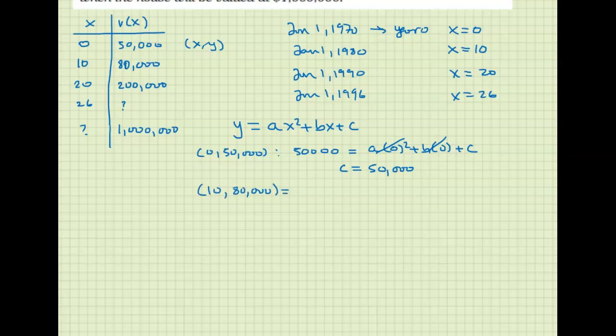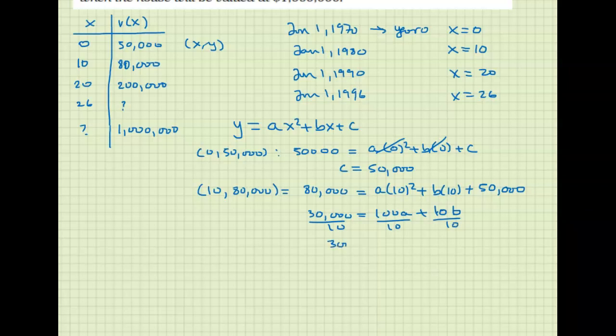So we plug those numbers in: 80,000 equals a times 10 squared, plus b times 10, plus c, which we know is 50,000. Subtract 50,000 from both sides, so we get 30,000 equals 100a plus 10b. Let's divide everything by 10.